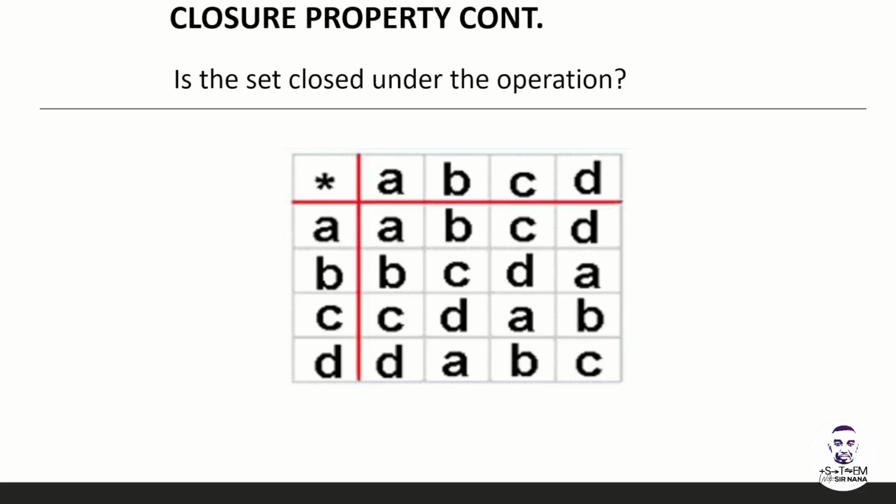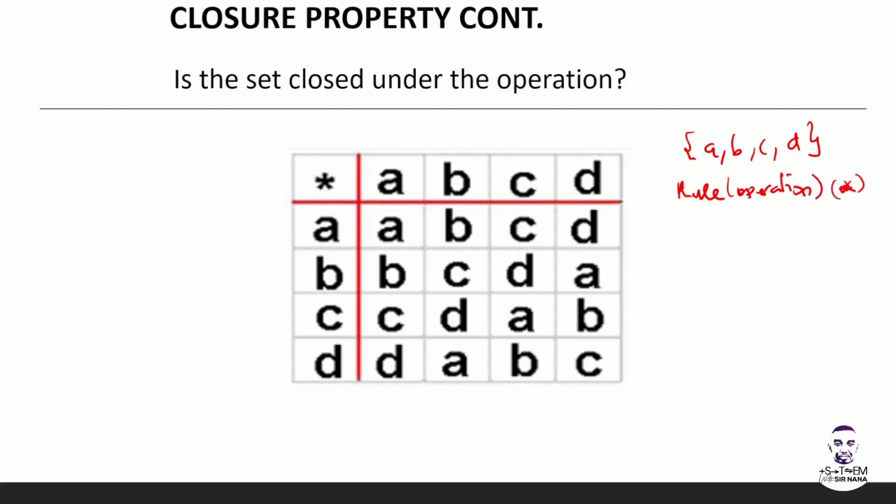Let's consider another example. Here they've given us variables. The variables are A, B, C, and D. And the rule or the operation which we are using to get the product is multiplication, right?